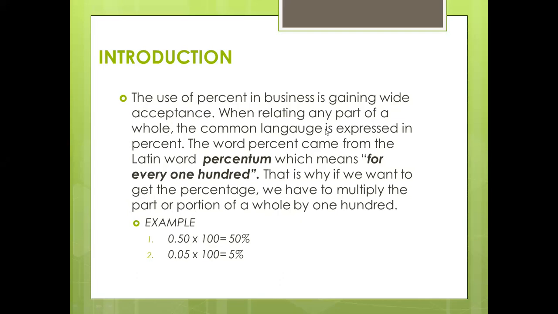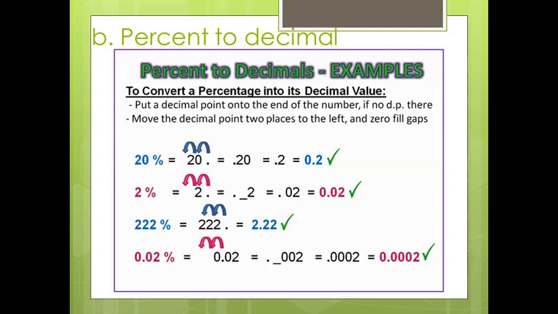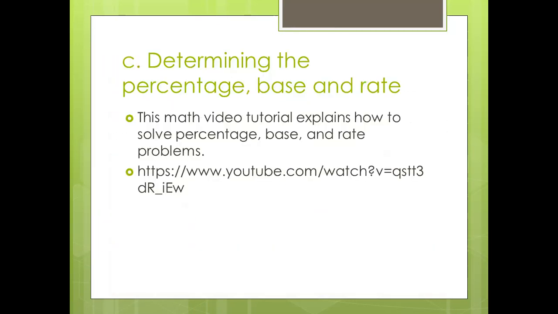That is why, if we want to get the percentage, we have to multiply the part or portion of a whole by 100. We have an example here. And then we have discussed percent to fraction, percent to decimal, and decimal to percent, and also determining the percentage and rate.